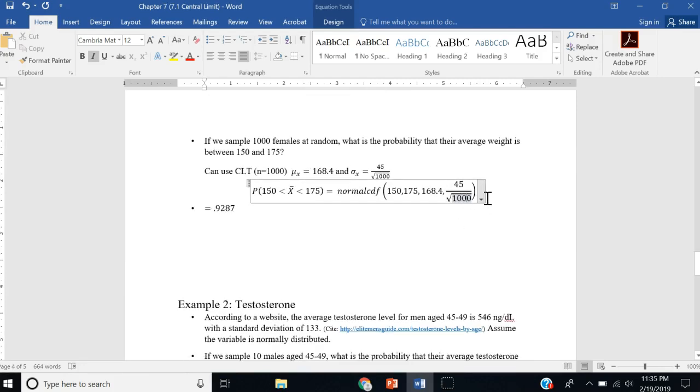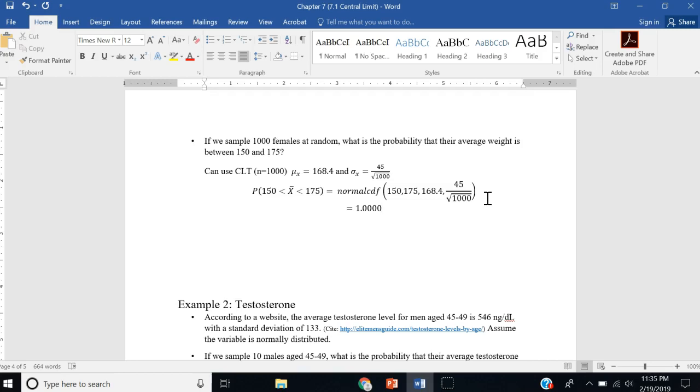And what you'll find is that, rounded to 4 decimal places, you get 1.0000.